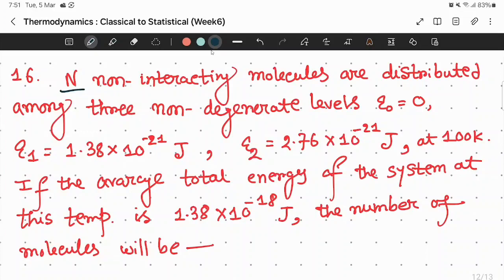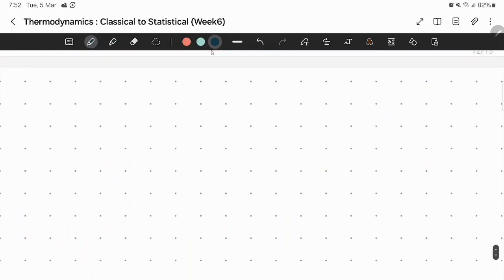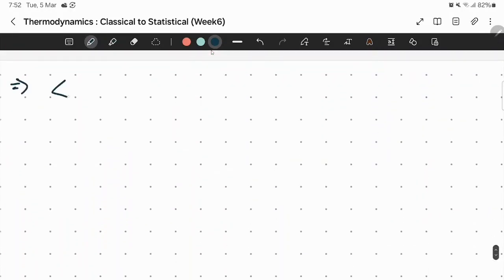Three energy levels are there: epsilon 0, epsilon 1, epsilon 2, at 100 Kelvin. The average total energy of the system at this temperature is given. So what is the average total energy?